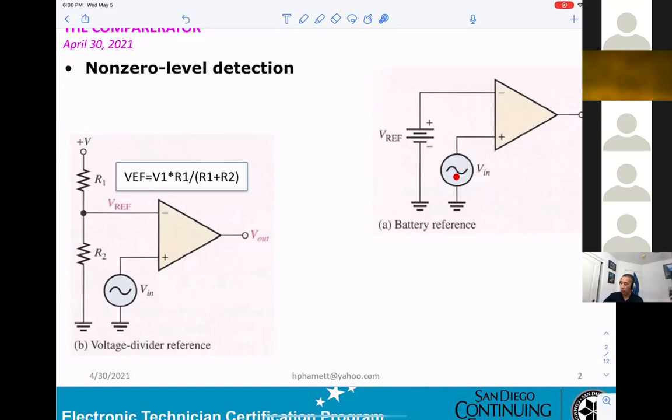With the V reference, exactly, whatever we reference here. Now on that one, they are comparing the V in to R1, R2, exactly. They compare with the reference voltage by a voltage divider.